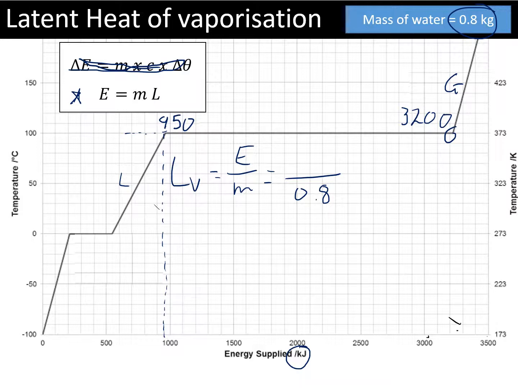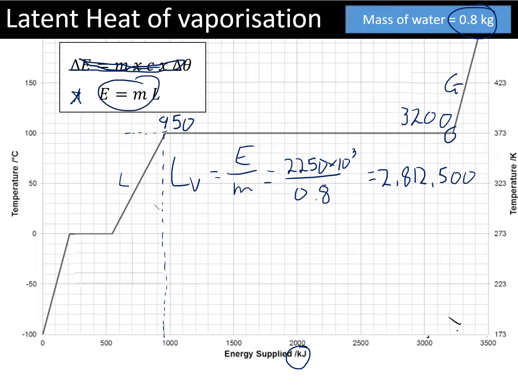Now the difference between those two is 2,250 kilojoules. So punch this in your calculator. 2,250,000 or times 10 to the power 3 divided by 0.8 gives me 2,812,500.